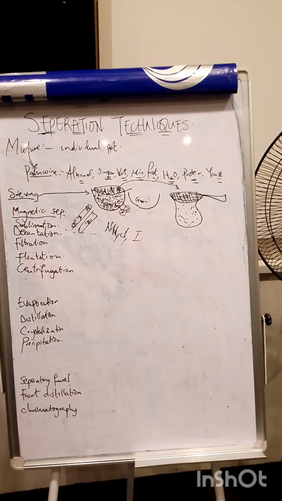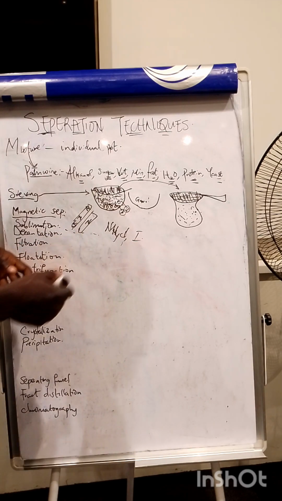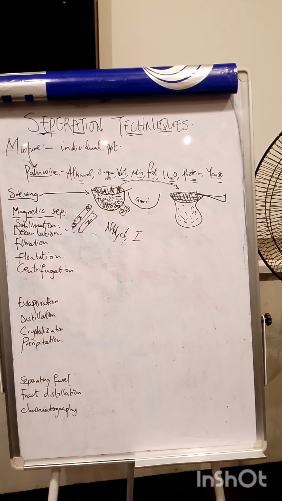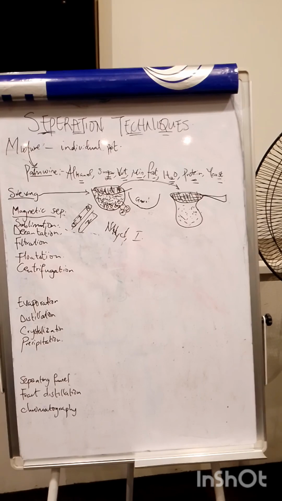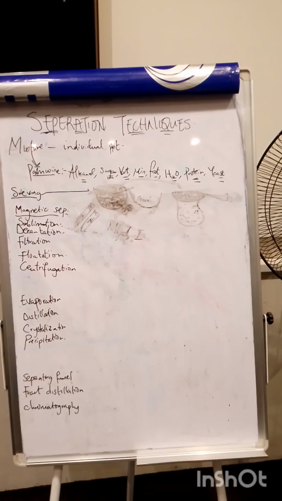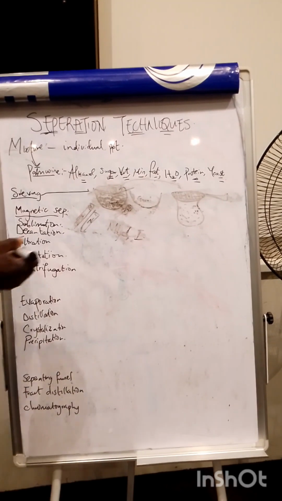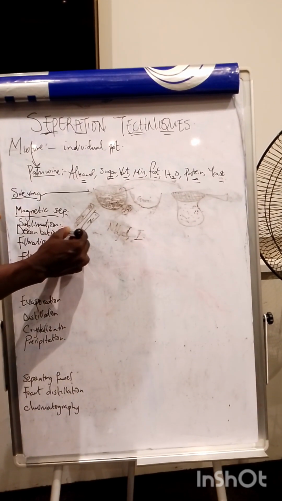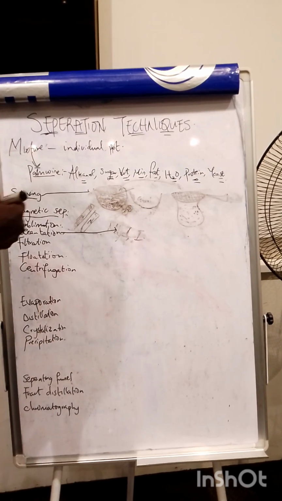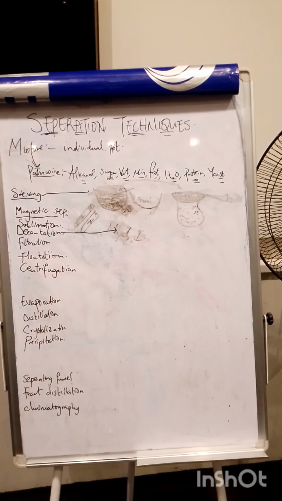Then decantation. Decantation is actually going to be using the principle of two distinct layers. How do I mean by layers? Decantation is employed in a mixture containing your solid and liquid respectively.